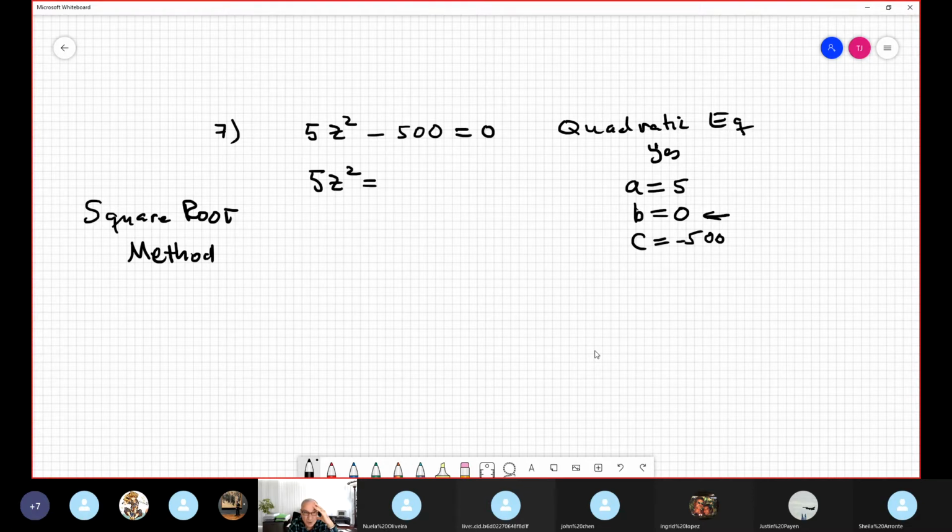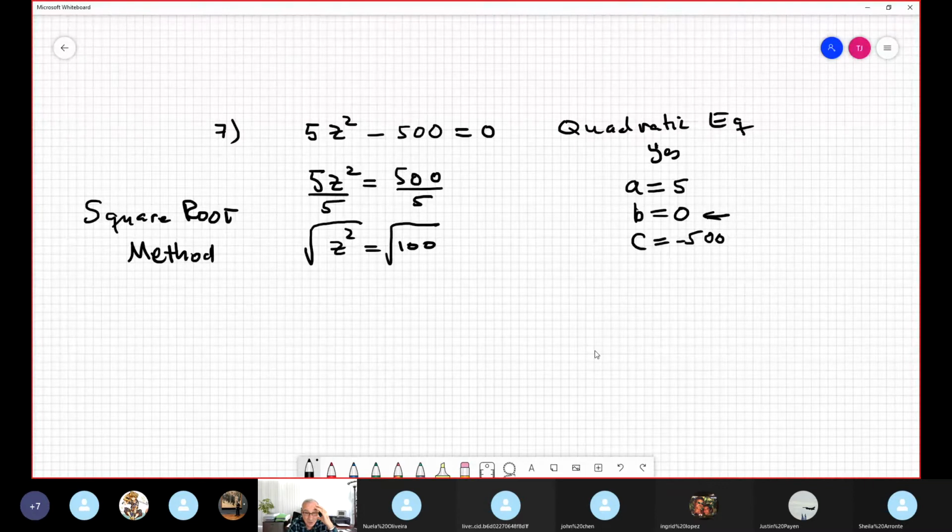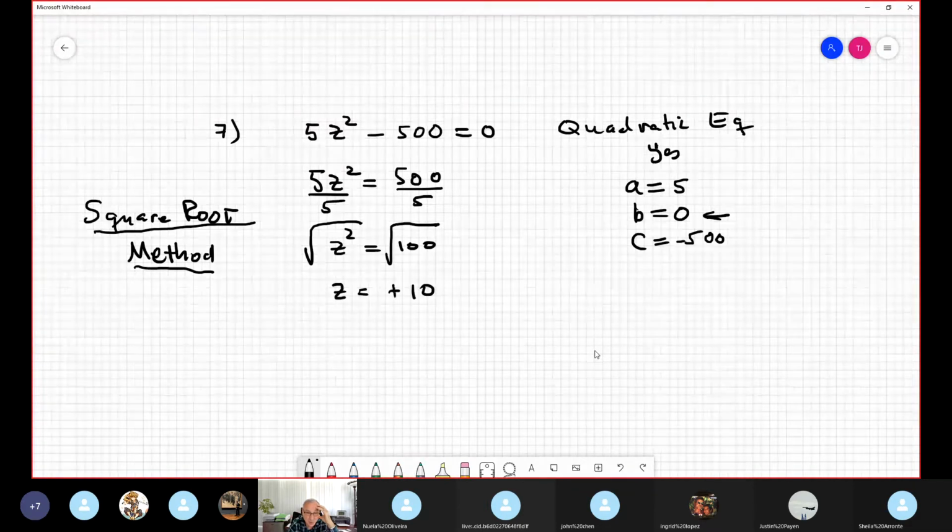I move 500 to the right, divided by 5, 100. At this crucial moment, the most important moment, you apply the square root. That's the part that gives it this name, square root method. The square power and square root cancel each other, and the square root of 100 is 10, plus or minus.